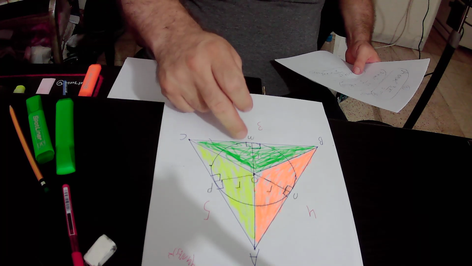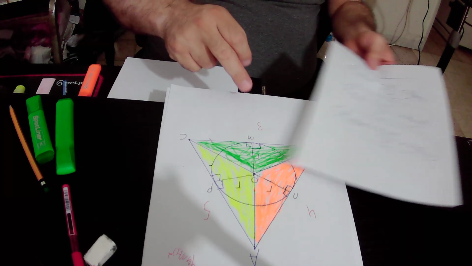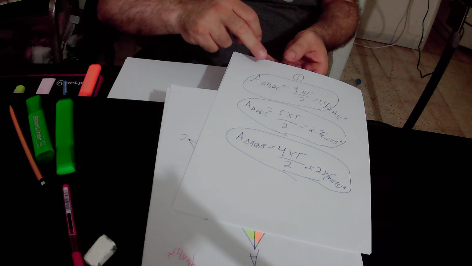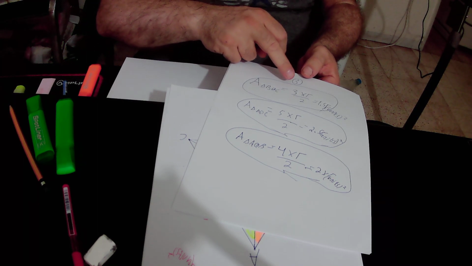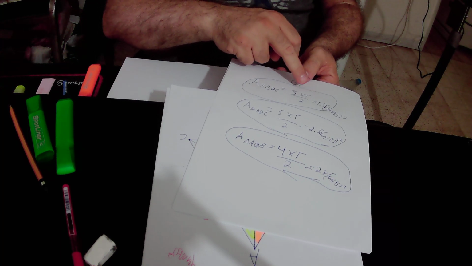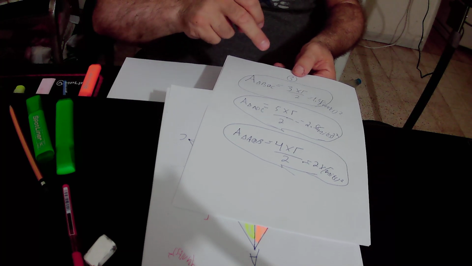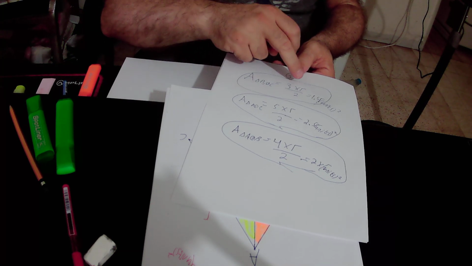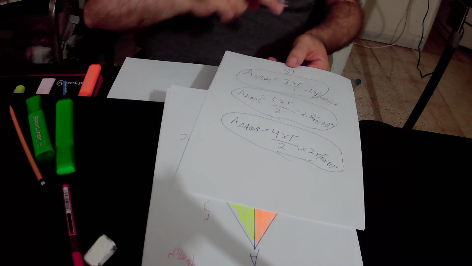So in total the area of the green triangle equals 1.5r. Okay? The area of the green triangle equals the base of the triangle, that is 3 units, times the height, that is the radius, divided by 2. So in total the area of the green triangle equals 1.5r units squared.